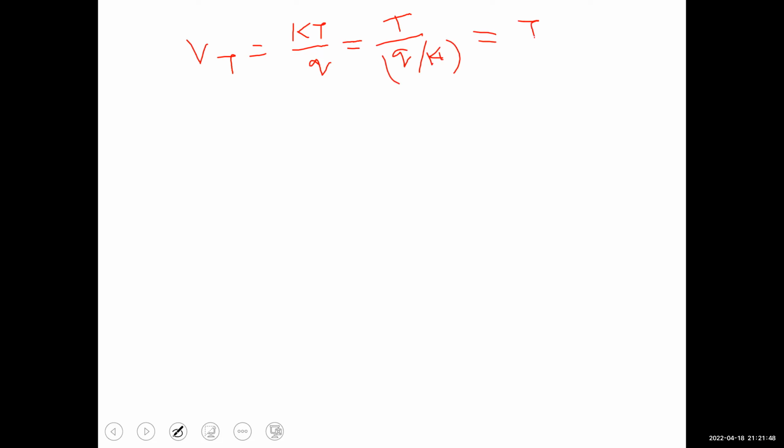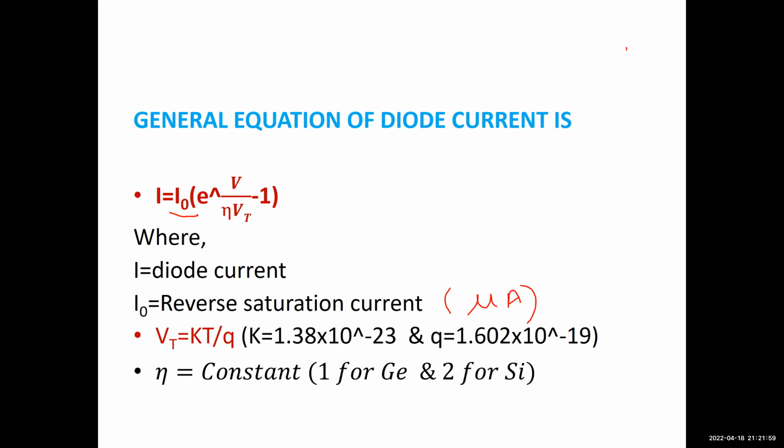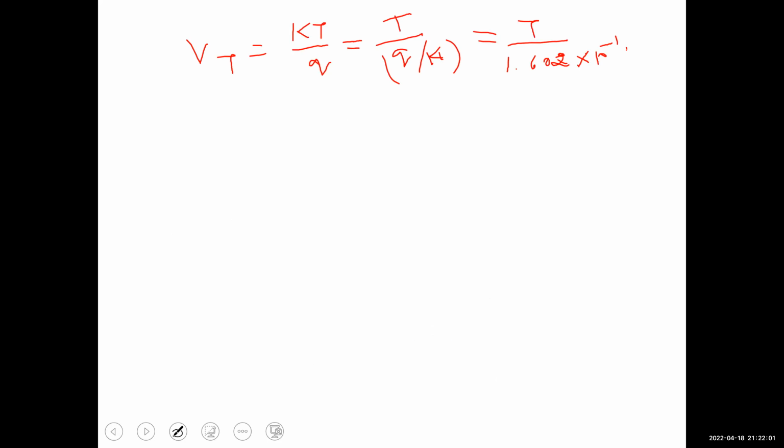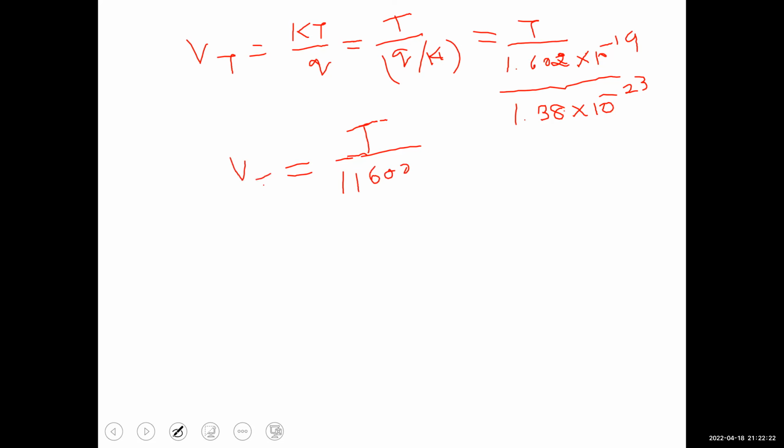So what is the value of q by k? The value is 1.602 into 10 power minus 19 divided by 1.38 into 10 power minus 23. So you will get a value of approximately 11,604. We are taking that value as 11,600. So that is the direct formula you can apply.